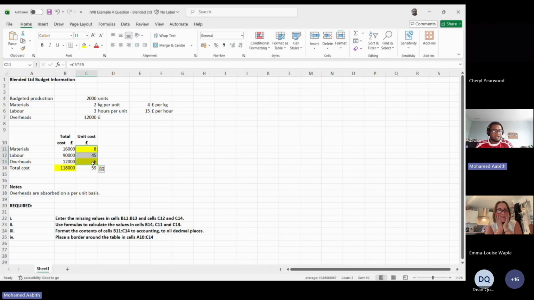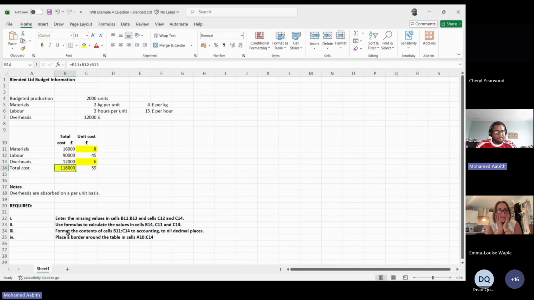If you add these three numbers also, you will get the same number there. So again, what they ask you to do is basically follow the instructions. These numbers are all done manually with your calculator, and these three are the only ones they need a formula for. So we've done all of those formulas.